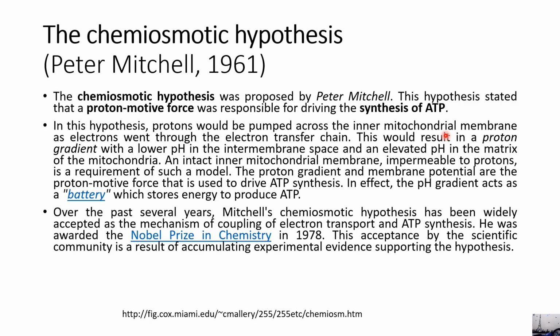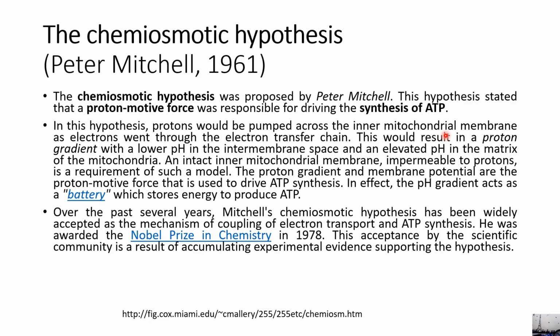So an intact inner mitochondrial membrane impermeable to protons is a requirement of such a model. So the proton gradient and the membrane potential are the proton motive force that is used to drive ATP synthesis. So in effect, the pH gradient acts as a battery which stores energy to produce ATP.